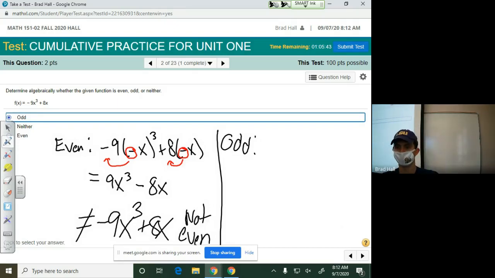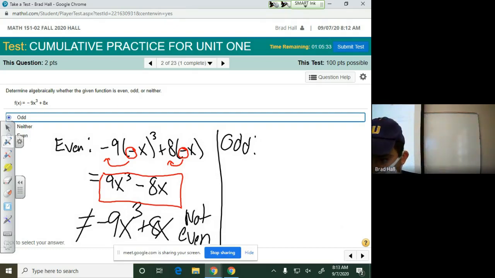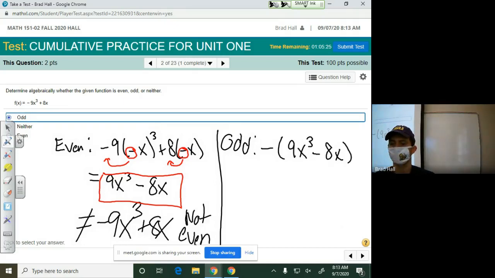For odd, we take the immediate result that we got in the even step. We just put a negative sign in front of it, and try again. Naturally, the negative sign distributes.